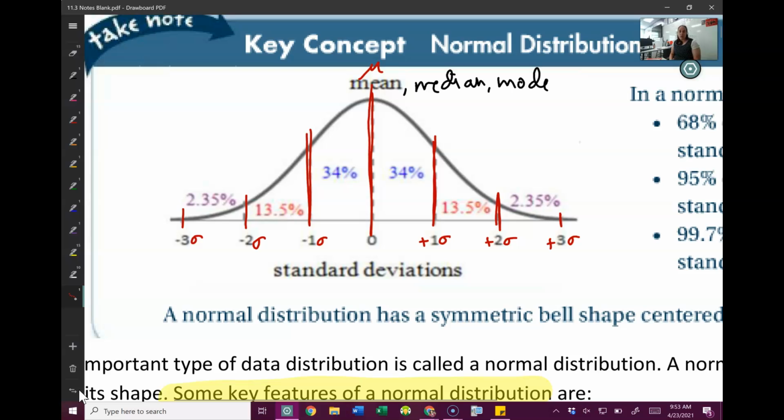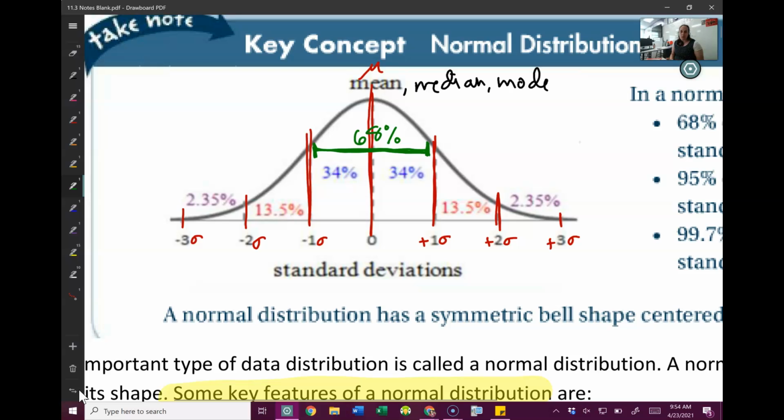So when we start to look at these standard deviations, this is where the 68, 95, 99.5 rule comes in. This rule says that if I go 1 standard deviation away from the mean, so 1 above and 1 below, that contains 68% of my data. So most of the data is within 1 standard deviation from the mean.